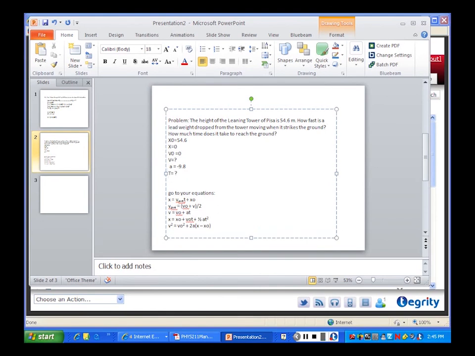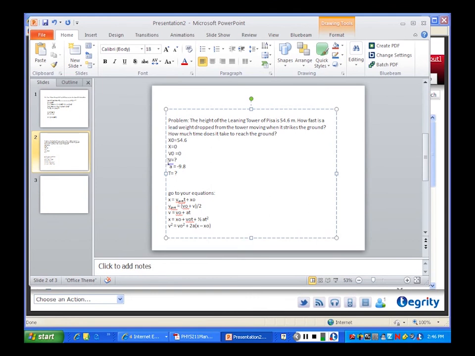All right, so now if you were to take these things that you know and place them into these equations, you would have certain quantities that are unknown, in particular V and t, wouldn't you? Because you know what the x's are, you know what V0 is, and you know what a is. So to pick the right equation, you just look at what it is we're looking to solve for.